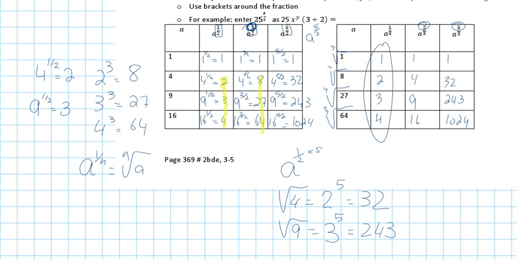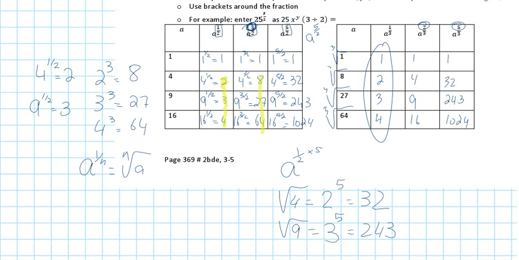Now, look here. 1 to the power of 5 is 1. 2 to the power of 5 is 32. 3 to the power of 5 is 243. 4 to the power of 5 is 1024. Okay?